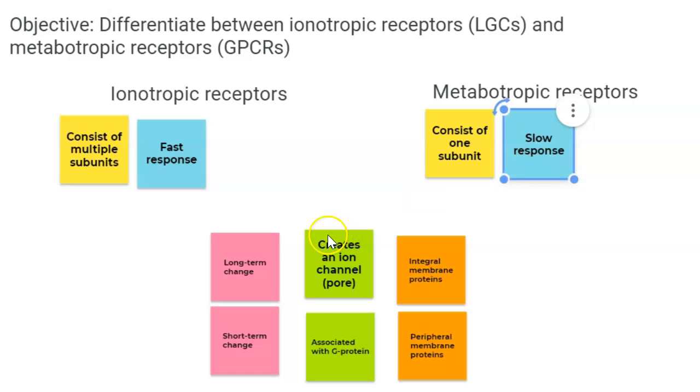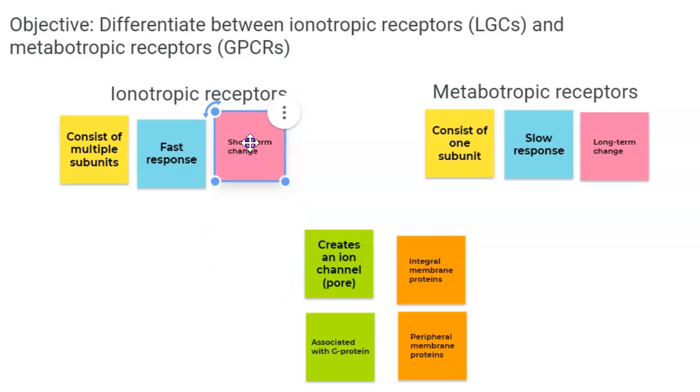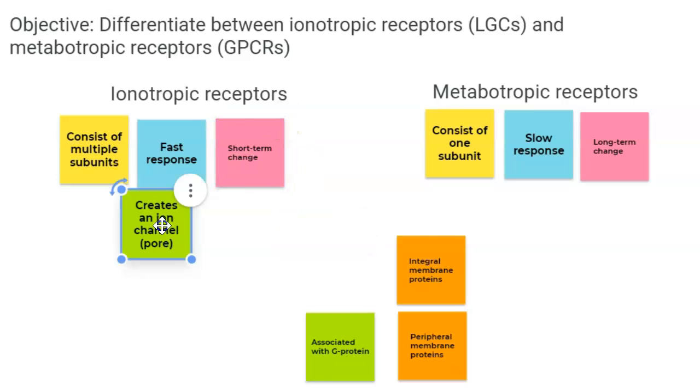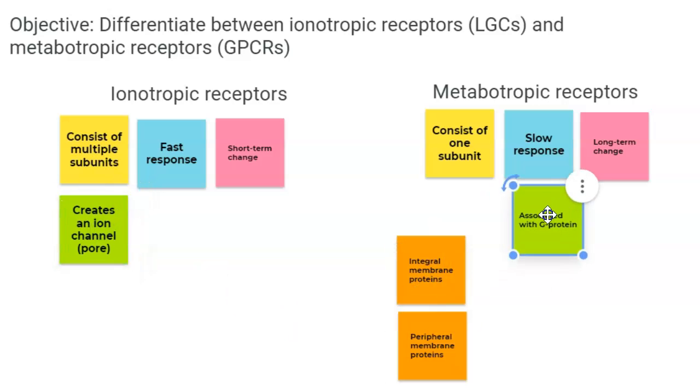But that slower response leads to more long-term changes because even after the neurotransmitter leaves the receptor, the intracellular changes hang around longer, as opposed to the ionotropic receptors, which are just opening the channel and then closing the channel, and then now we've got no more ions moving through. And then hopefully this one was kind of easy. The ionotropic receptors have a pore, and the metabotropic receptors have the G protein. This one was a little bit of a trick because both of them are the same.